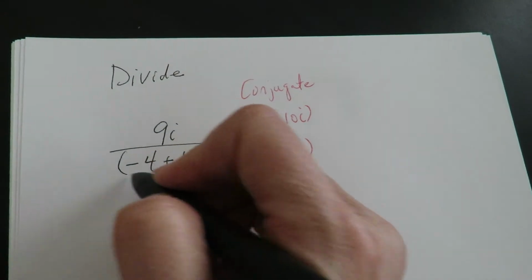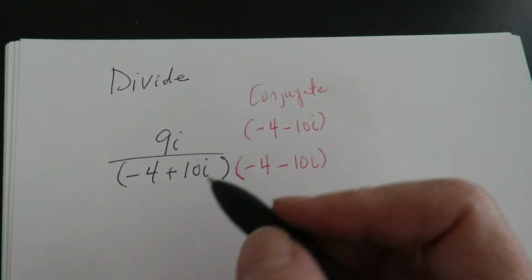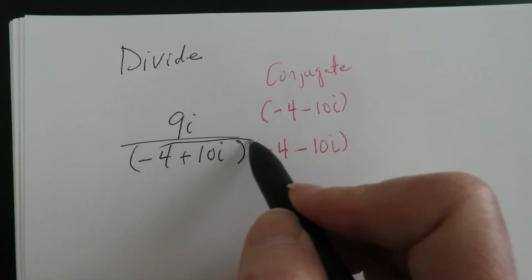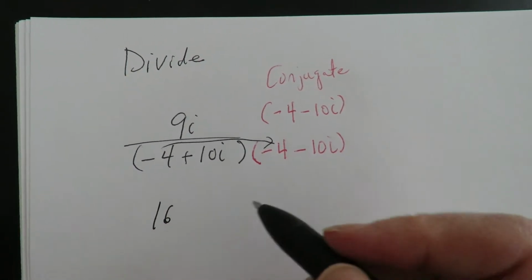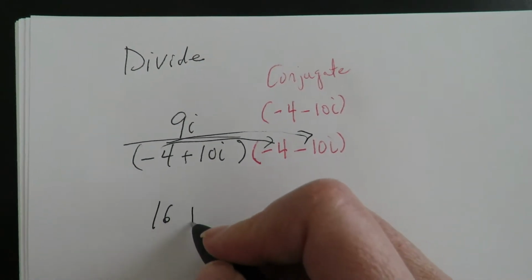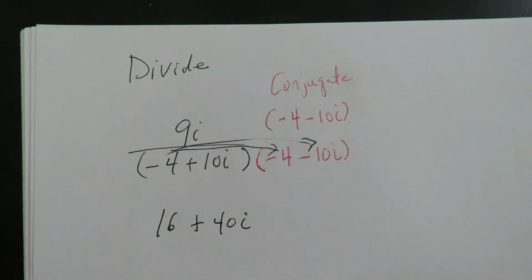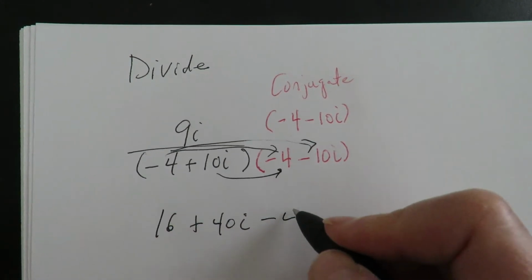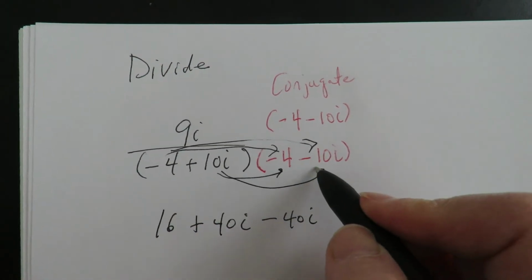I'm going to FOIL out the denominator. So let me start there, and then I'll see what we got. Okay, so this will be 16. This will be positive 40i. This will be negative 40i.